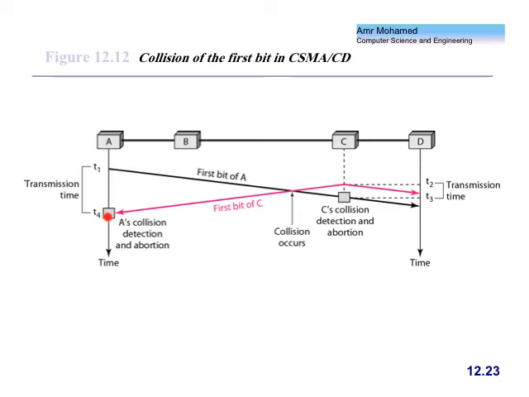So, what happens if A finishes transmission at a time before t4? What is the behavior? I started sending the frame here. Remember, while sending the frame, I listen for a collision. What happens after I finish sending the frame? What do I do?